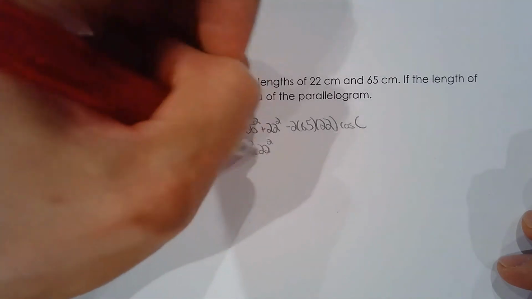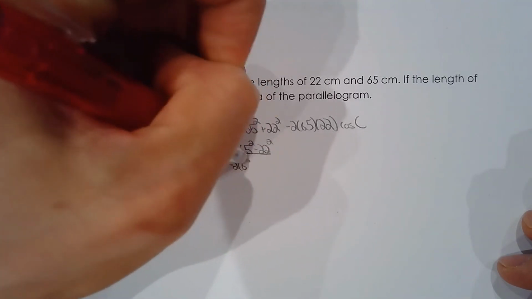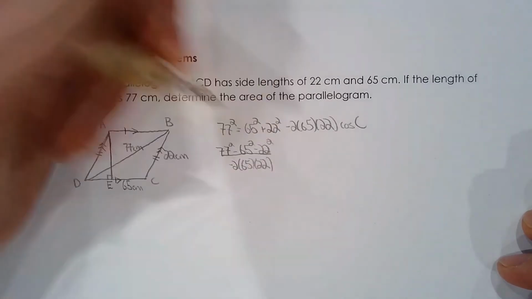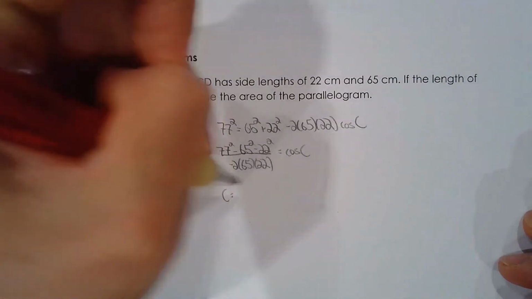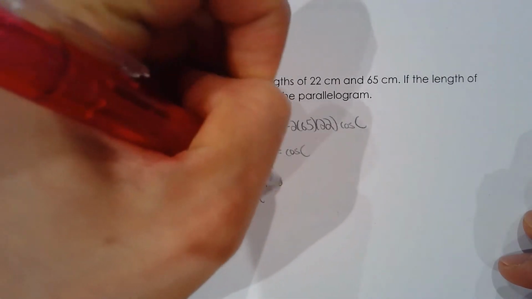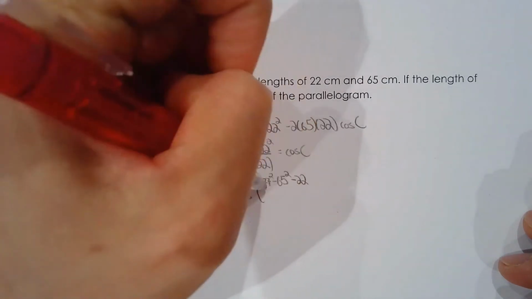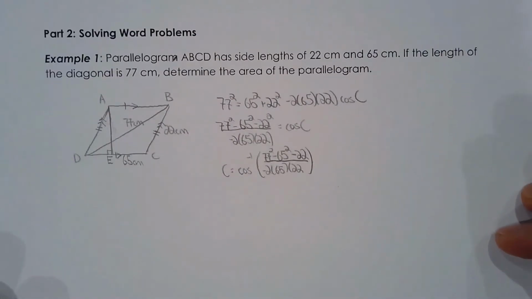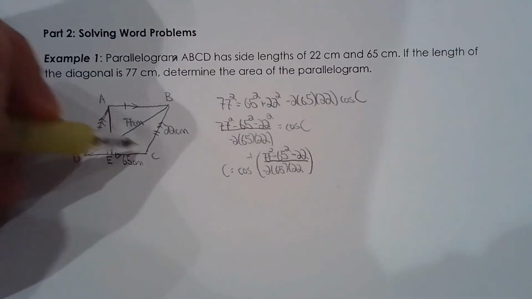And just like last year in grade 10, I am going to hold on to the value using my calculator, so it's as exact as possible. Okay, boom, that's step 1. Mission accomplished, solve for angle C.